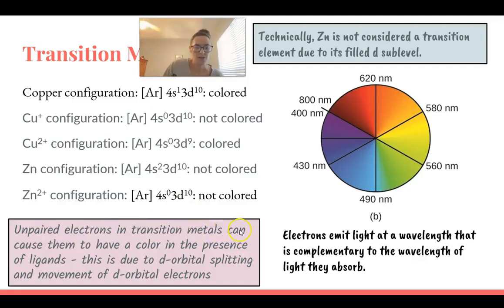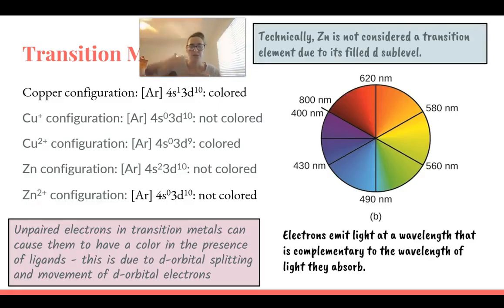Because unpaired electrons in transition metals can cause them to have a color in the presence of ligands, or whatever it is that they're bound to, because transition metals are ions, cations, right? So they're going to be bound to an anion, and in that case we're calling it a ligand. And this is because whenever that ligand moves close to that transition metal cation, it can cause the d orbitals within that d sublevel to split, and then the d electrons will move in different ways across those split sublevels, which causes different emissions of light, because we know that the movement of electrons between orbitals can cause color.